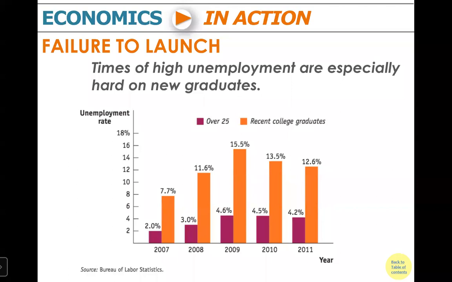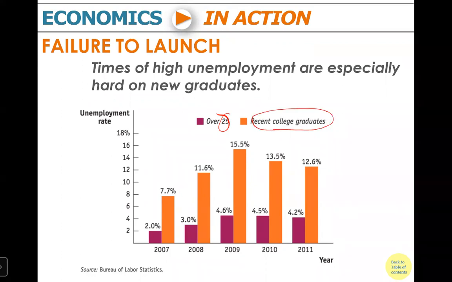Okay. So what do we see here? We are comparing the unemployment rate for everyone older than 25. Okay, so this is like prime age, right? And then we also look at a small group, a subset of these adults who are recent college graduates.